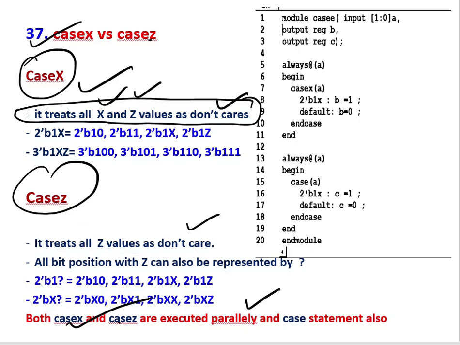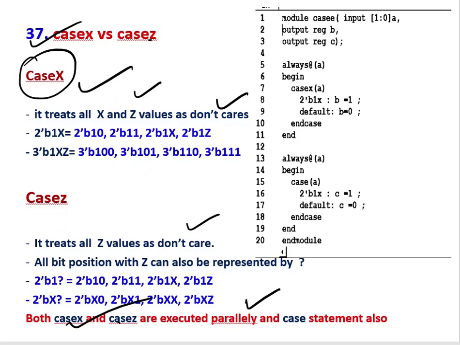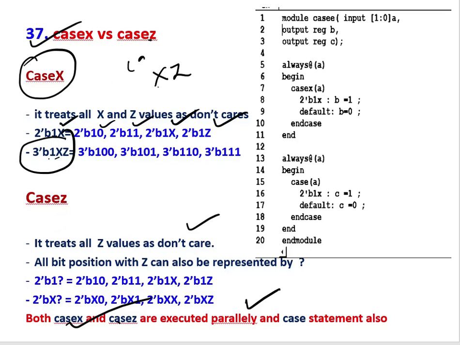So here, casex treats all X and Z values as don't care. If you write 3'b1xz, the X and Z will be treated as don't care, meaning each can be 0, 1, X or Z. Whenever inside casex you mention X or Z, it will be treated as either X, 0 or 1.